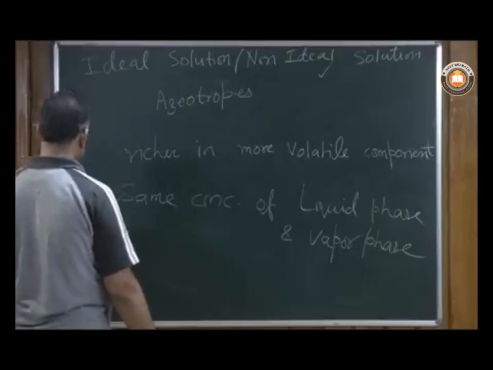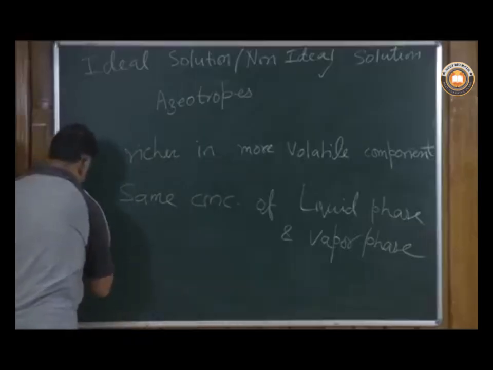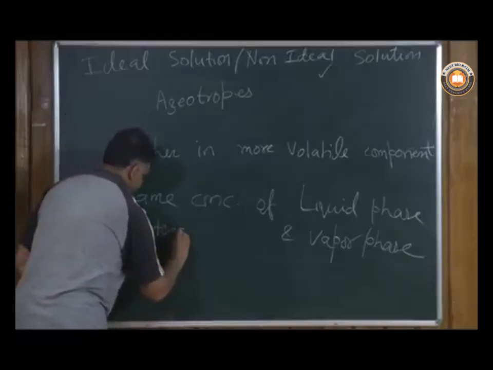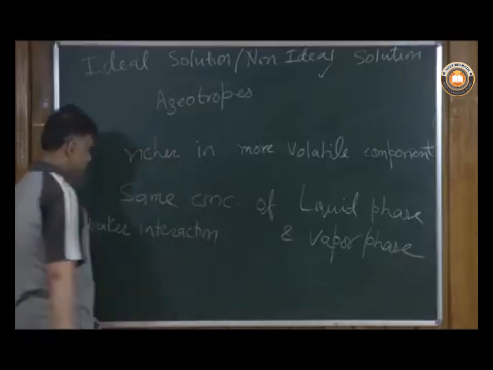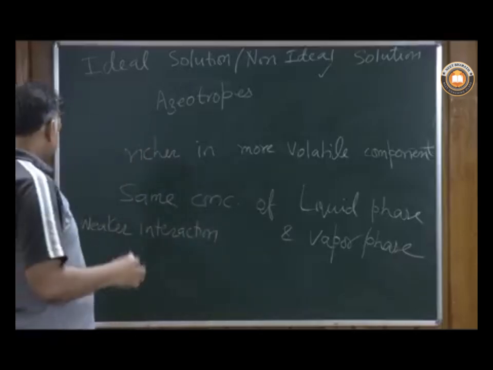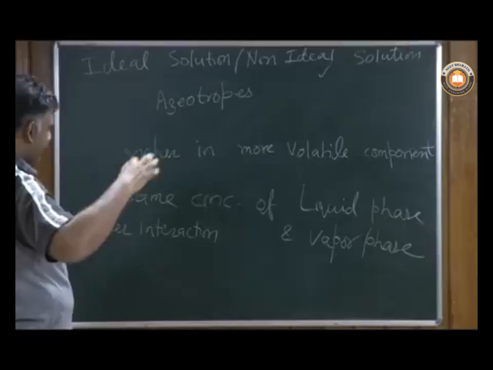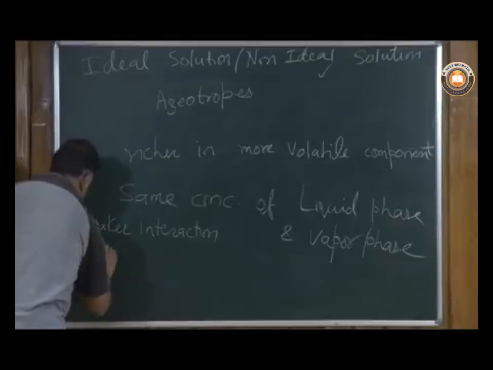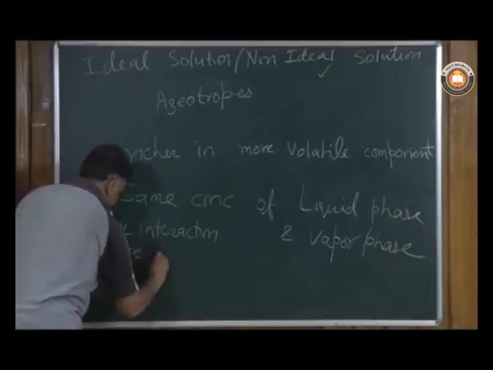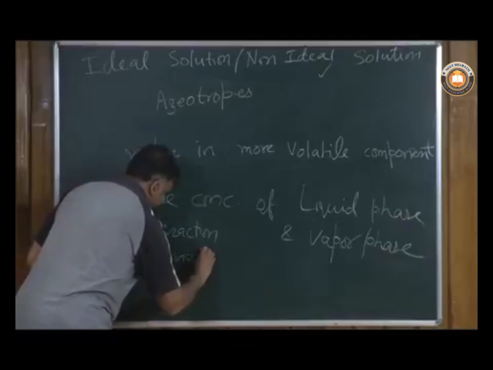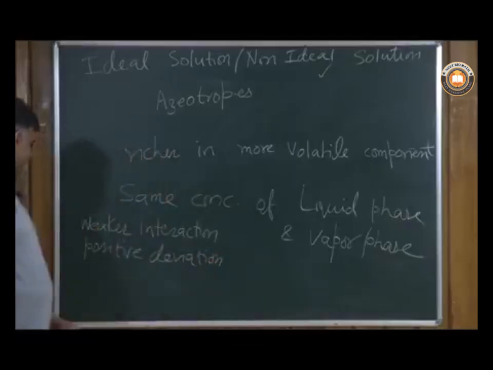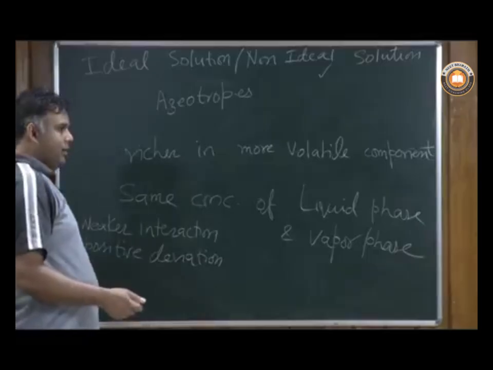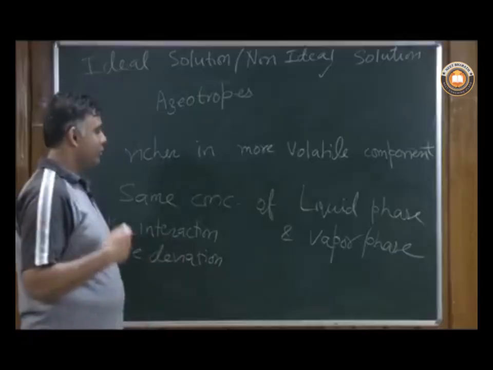So, we have already discussed that weaker interaction between the two components compared to the interaction between component A and A, or component B and B, leads to positive deviation. That is, it has a higher vapor pressure than it would have if I calculate the vapor pressure using Raoult's law.